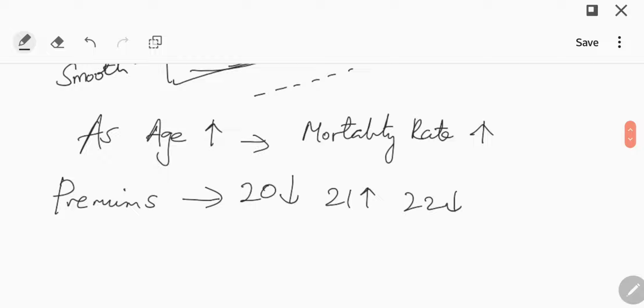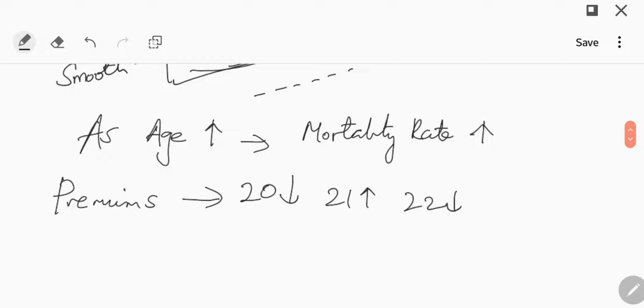Unless there's some kind of association that can really be thought of, it cannot be justified. So that is one of the prime reasons why we do the smoothening of the crude rates, so as to explain these aspects comfortably and to make the pricing of the products quite effectively.